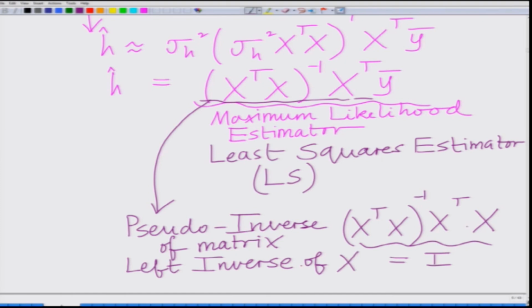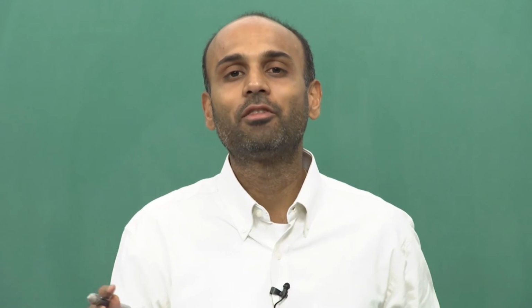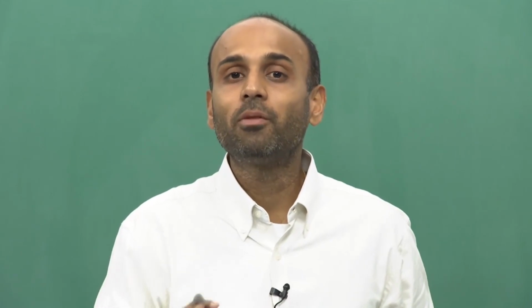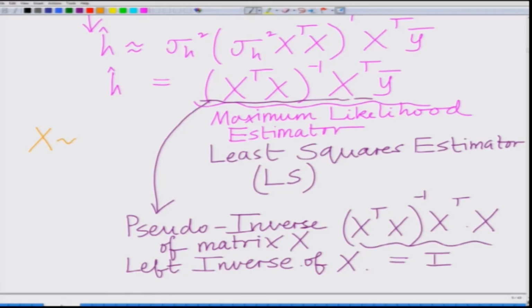So, x transpose x inverse x transpose is the pseudo inverse of x, it is also the left inverse of x, because if you multiply it on the left of x, you get the identity matrix, even though x might not be an invertible matrix, because n is greater than or equal to m. Because remember, again this is very interesting, x is n cross m and n can be greater than m, okay, the number of pilot symbols can be greater than the number of antennas.